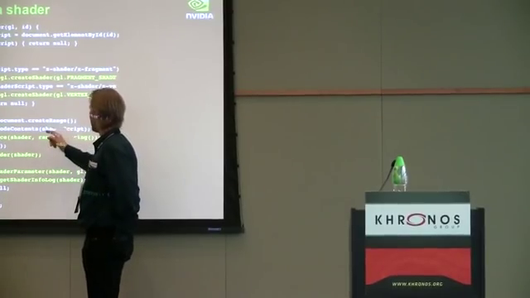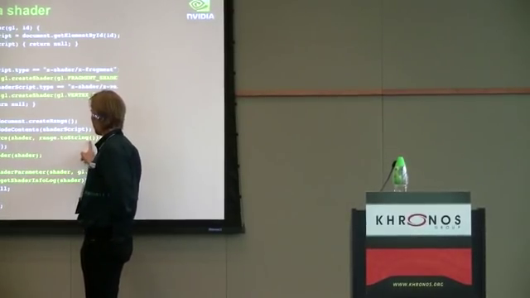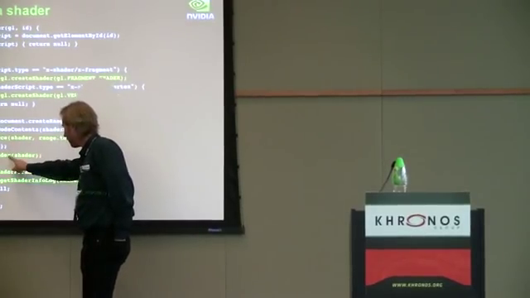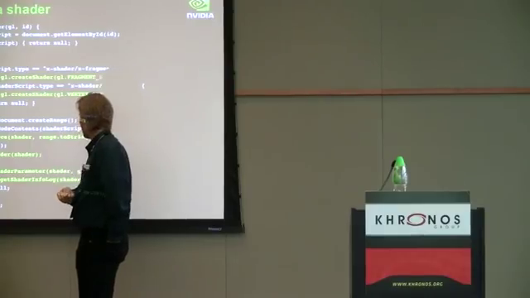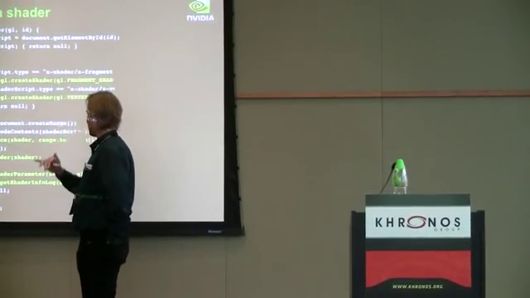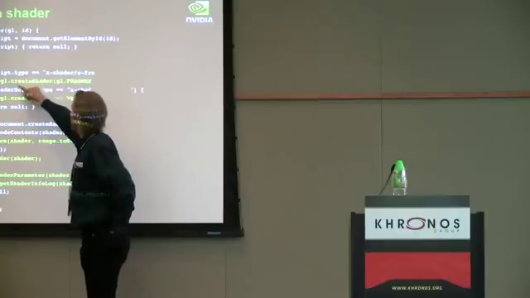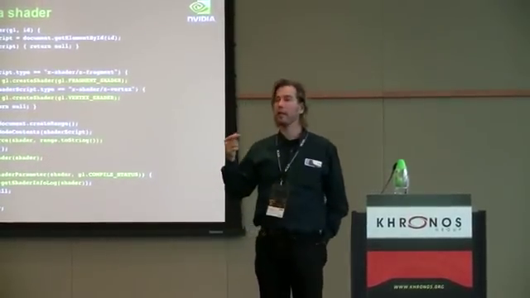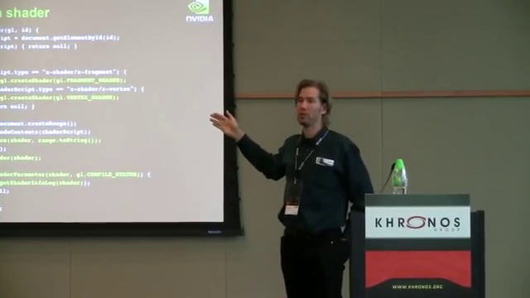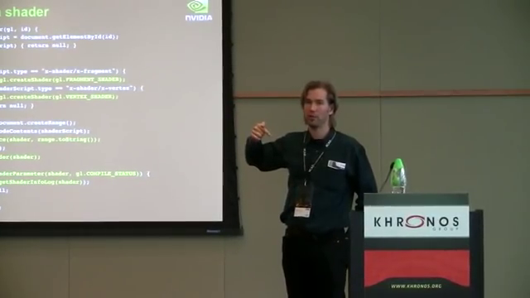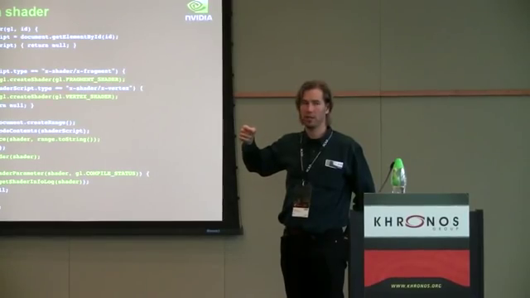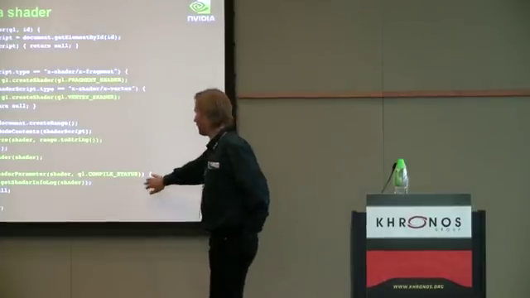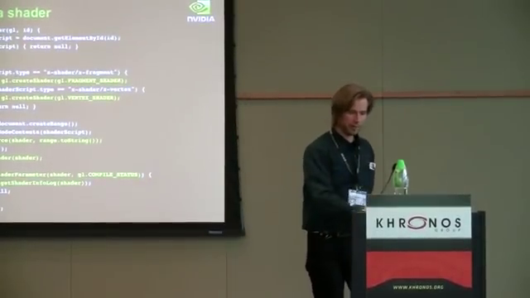Then we get the content, the string, and pass that to the shader source, then we do the compile shader. The yellow means that this is the GL code that you would have needed to do in the C++ example that I showed earlier, except that NVIDIA's utility library did that work for you already. A little bit of error checking, exit.